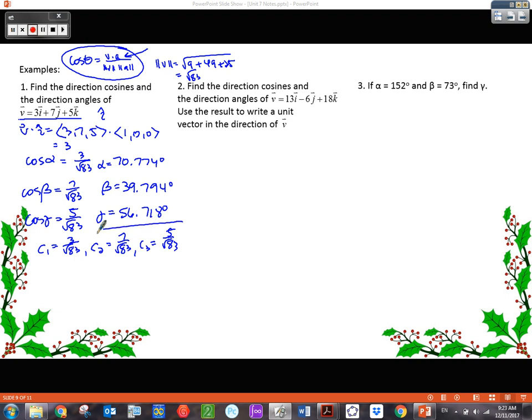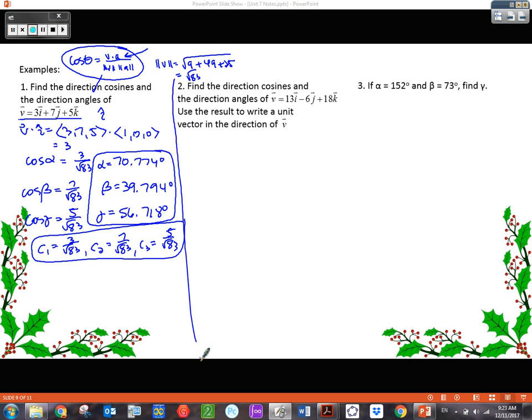These numbers are called my direction cosines. The direction angles are simply these angles right here. Now we've answered the two questions they asked: find the direction cosines and find the direction angles. Are we okay with that?